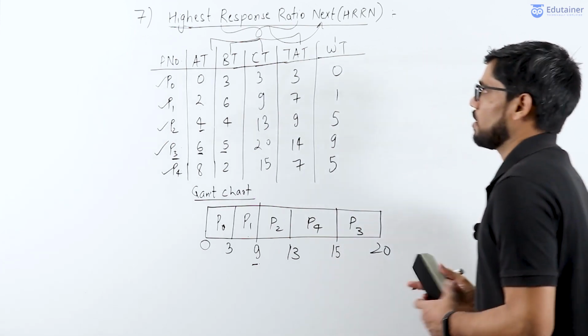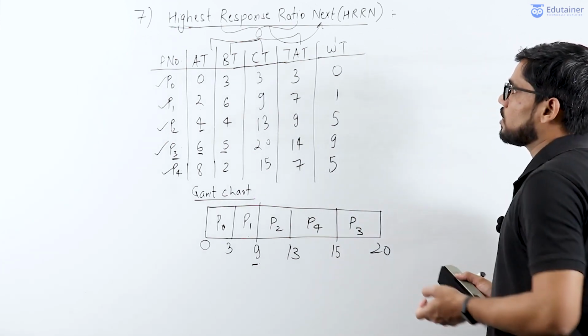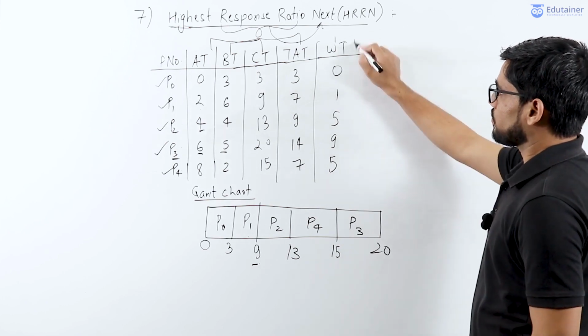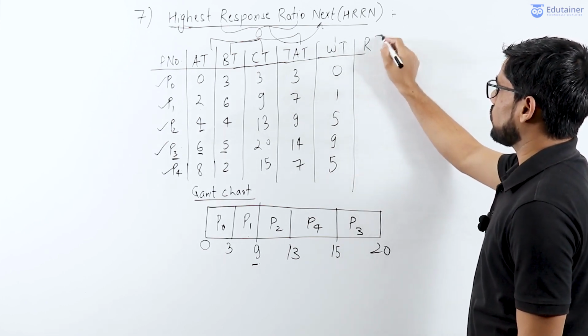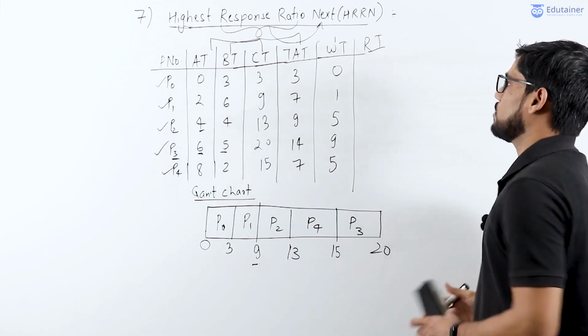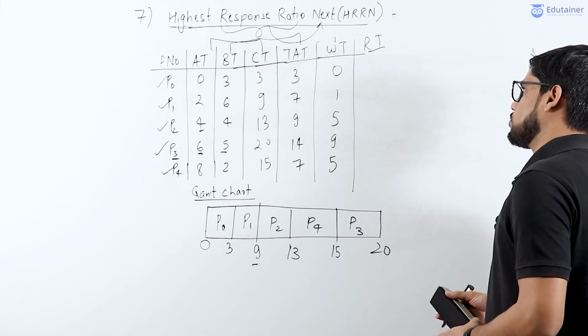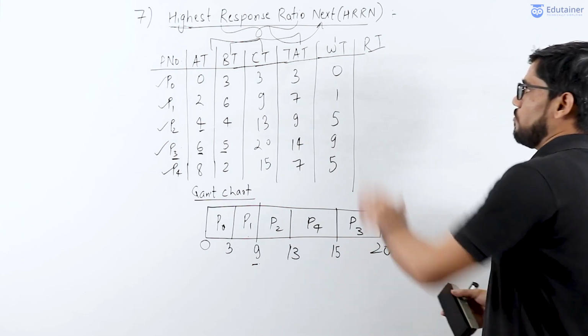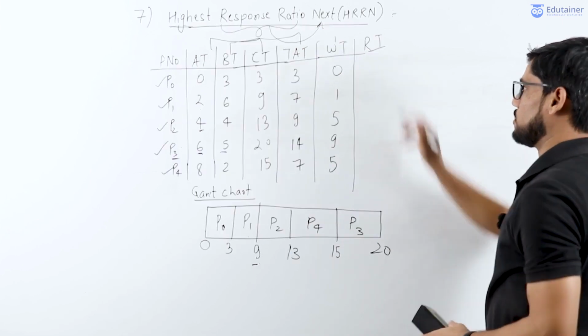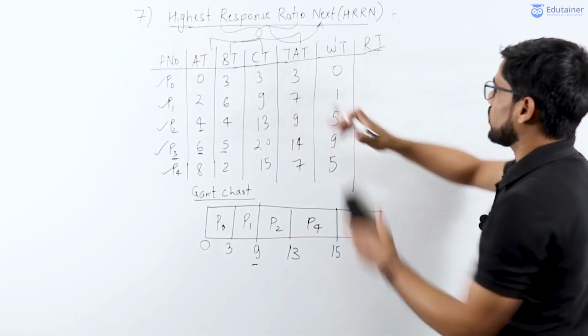If you want to compute the response time, then response time is the same as the waiting time. So in non-preemptive mode, both waiting time as well as response time are the same. If you want to compute, then you can compute also.